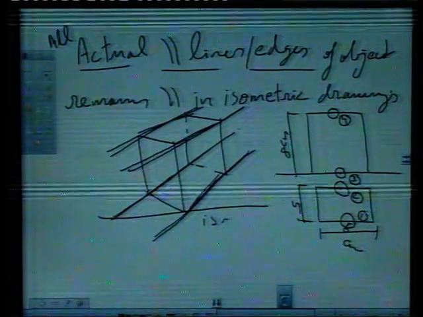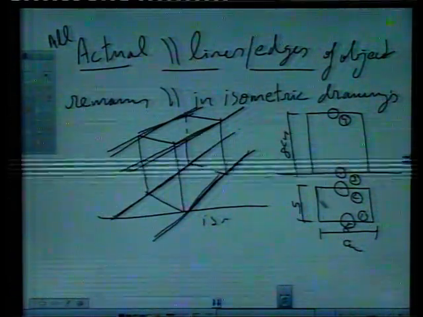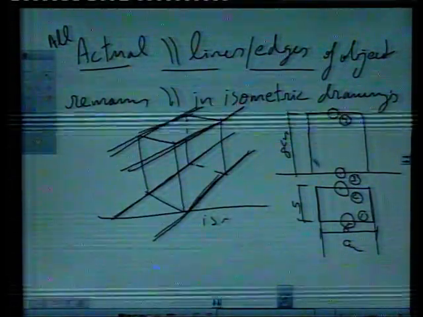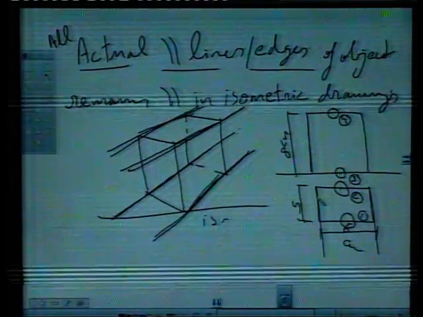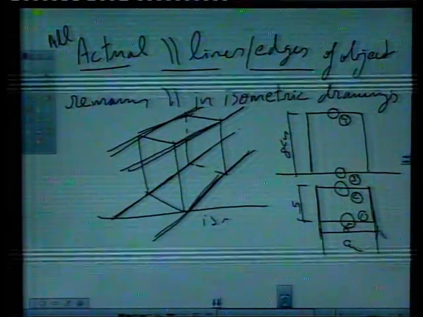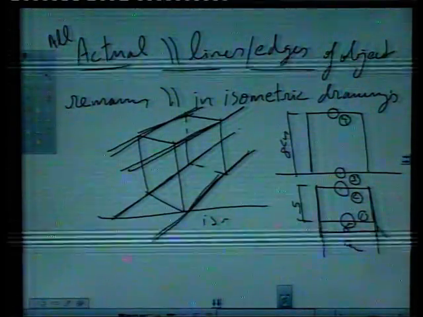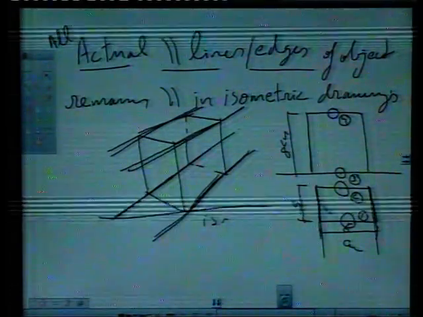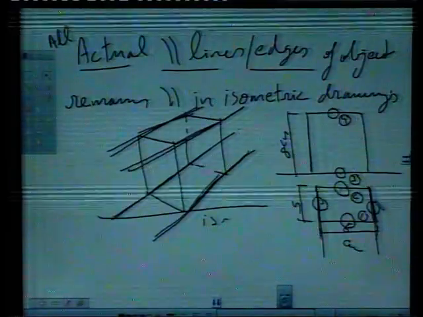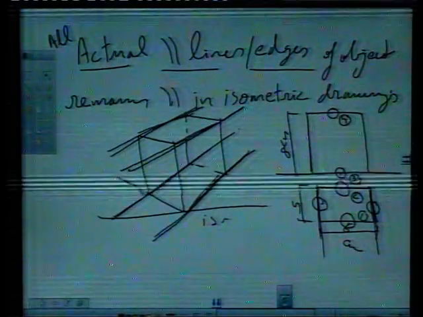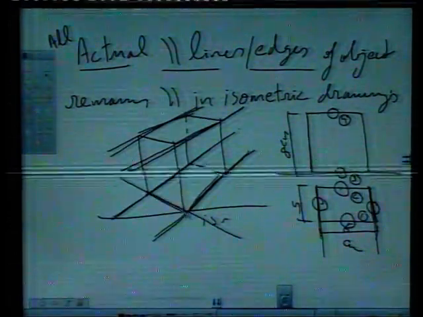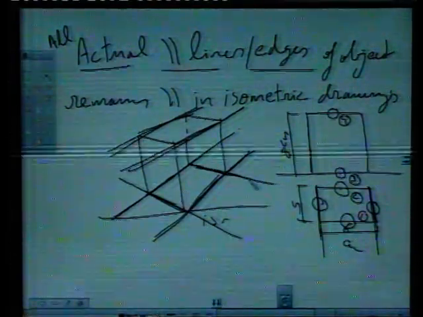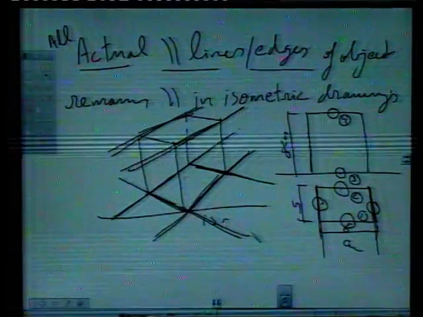Okay. And all edges which are like this. Say this is one edge of the base, this is second edge of the base, both these edges are parallel to each other in orthographic drawing. Here also they are parallel. This is one edge of the base and this is one edge of the base and both these lines are parallel in isometrics also.